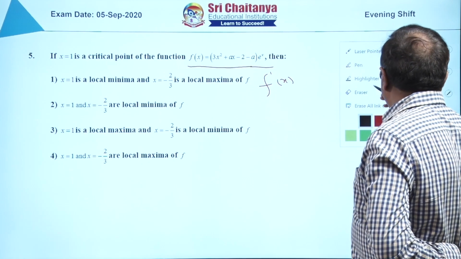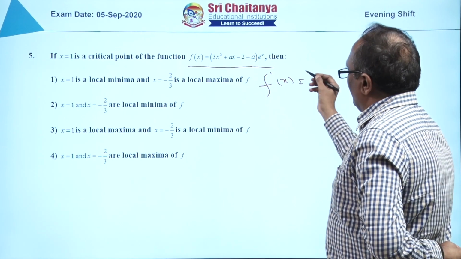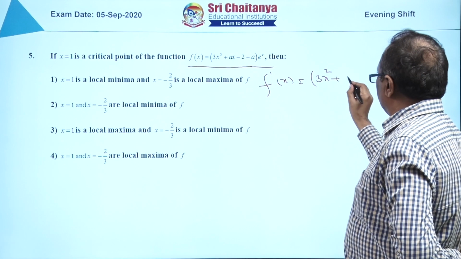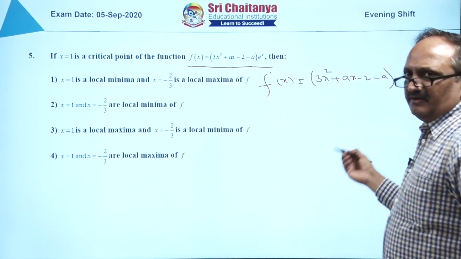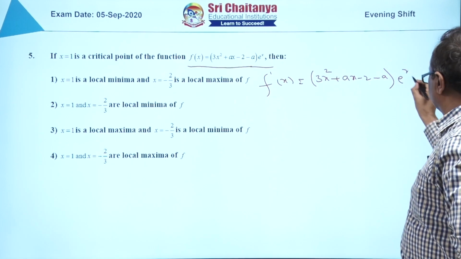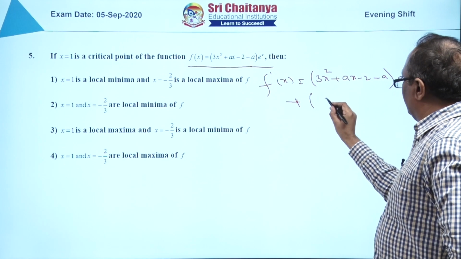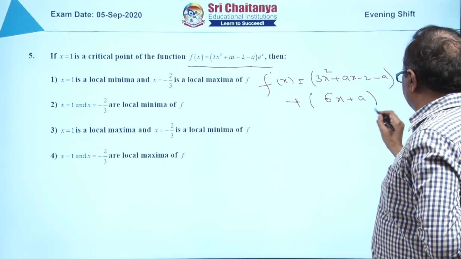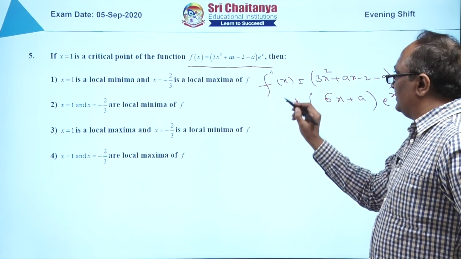By taking the product of two functions, the derivative f dash x is nothing but first function as it is, 3x square plus ax minus 2 minus a, into derivative of e power x, plus derivative of the first function, that is 6x plus a, these are constants, into e to the power of x. F dash x is nothing but this value.